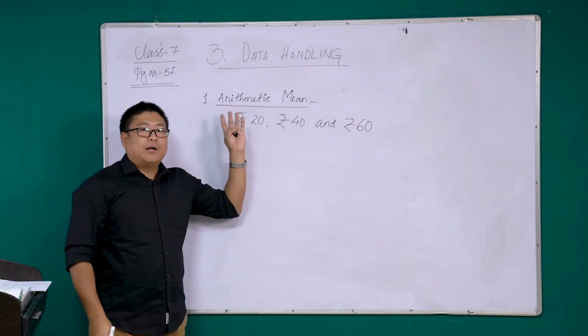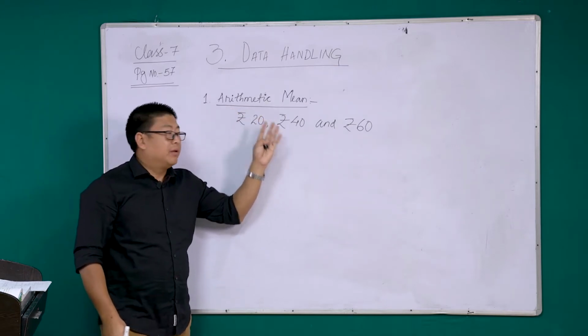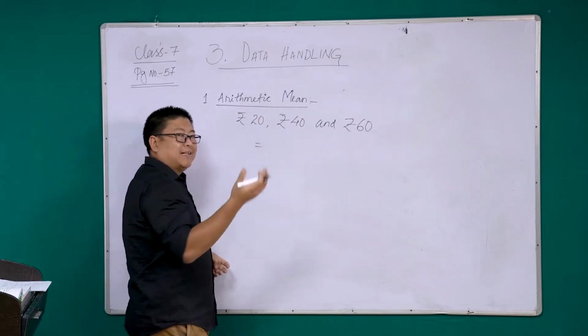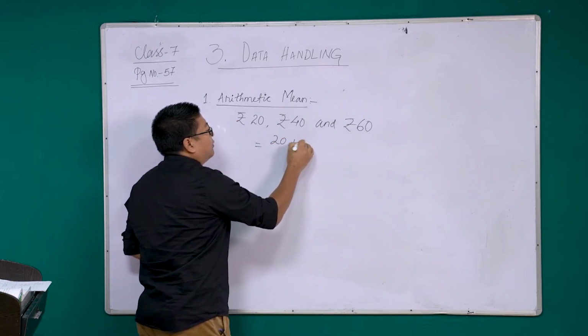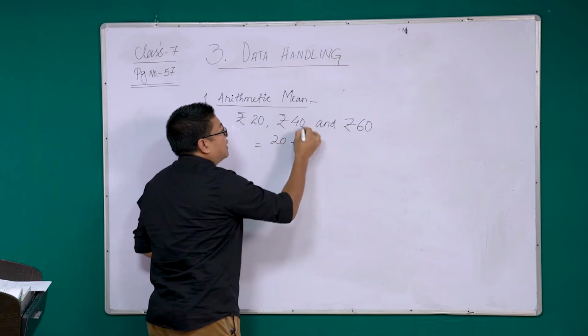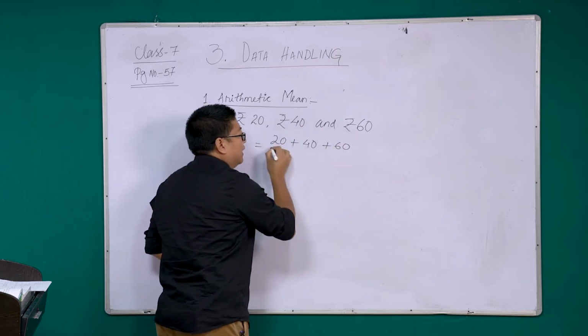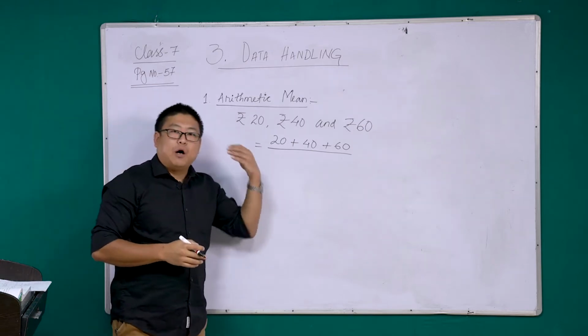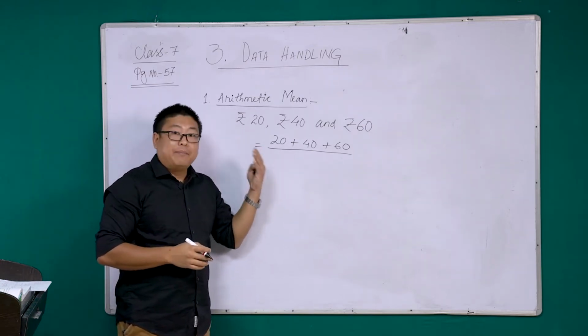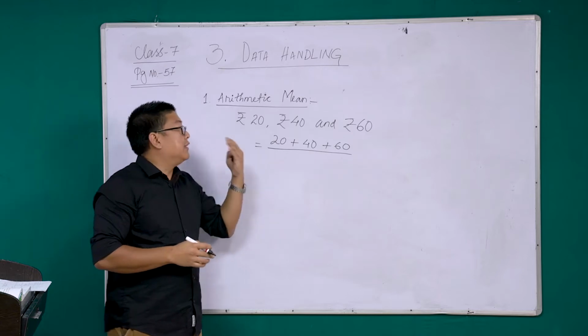Now, when you talk about arithmetic mean, the first step is to add all of them. That means 20 plus 40 plus 60. After adding, you divide by the number of observations. As I've already mentioned, observations are nothing but the data.